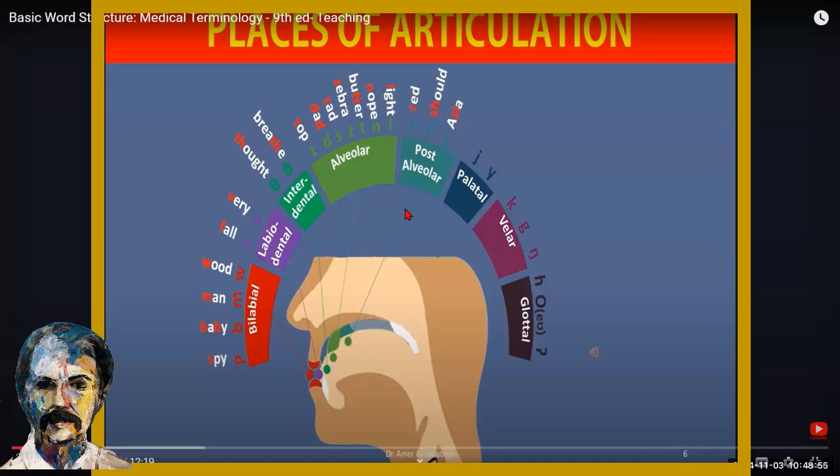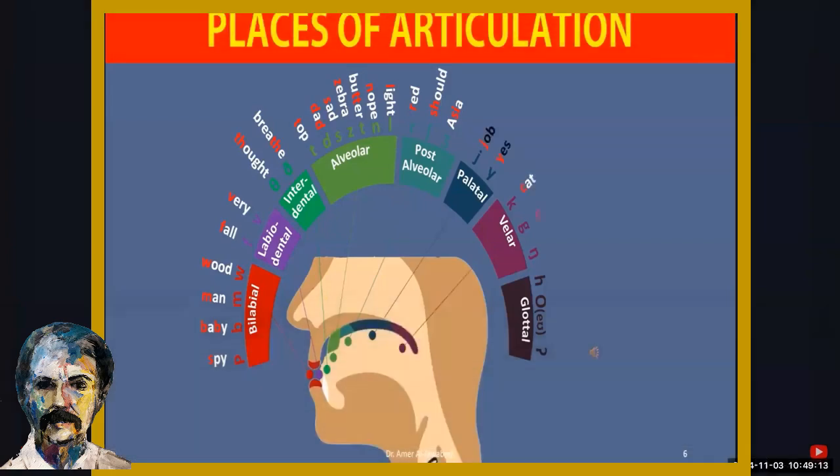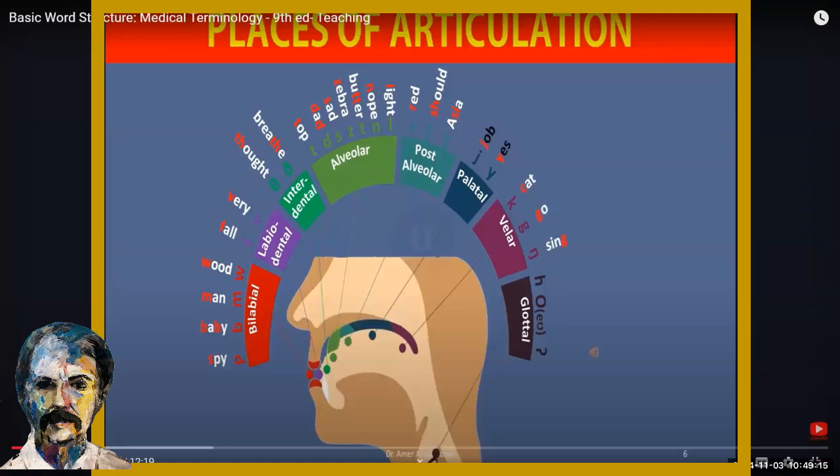Palate. Job. Yes. Then K, cat. Go. Maybe the same place, but a little bit different. And sing. Maybe the sing is a little bit further back than go.